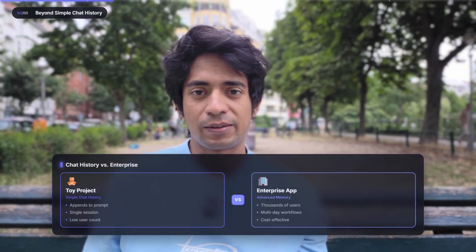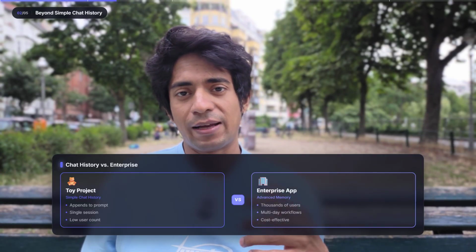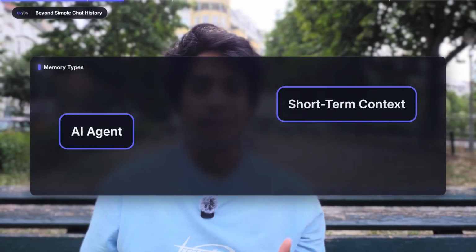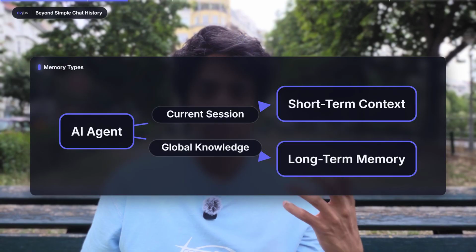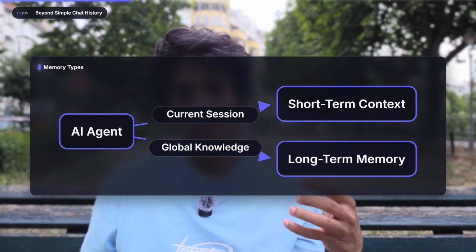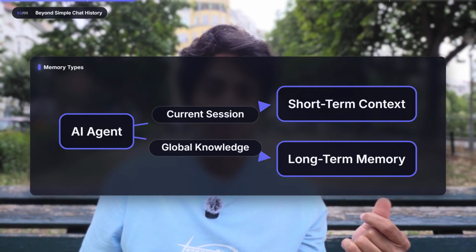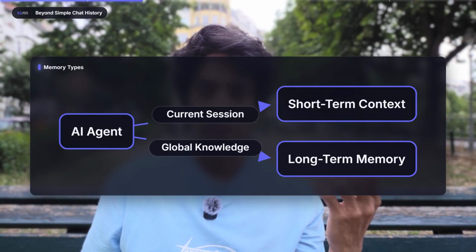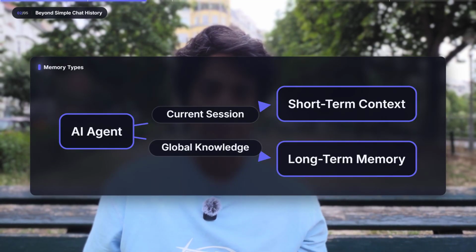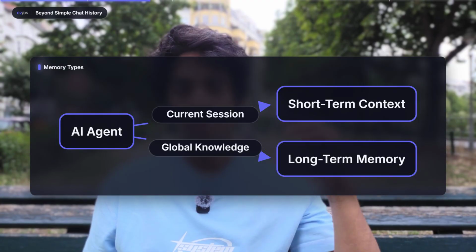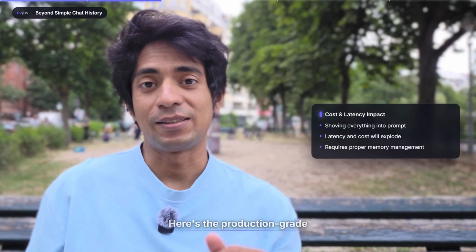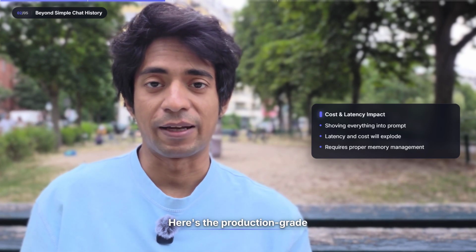But in enterprise, you have thousands of users and multi-day workflows, and you need to distinguish between short-term context, for example the current session, and the long-term memory, which is, let's say, the user's history and the global knowledge. And if you shove everything into the prompt, your latency and cost will explode. Okay, so this is something that you have to keep in mind.